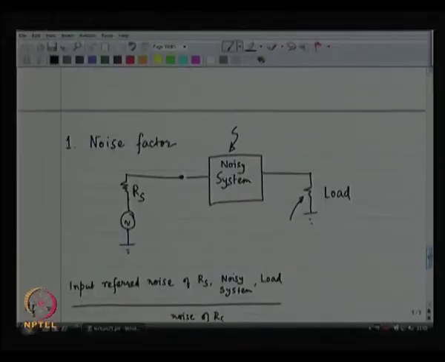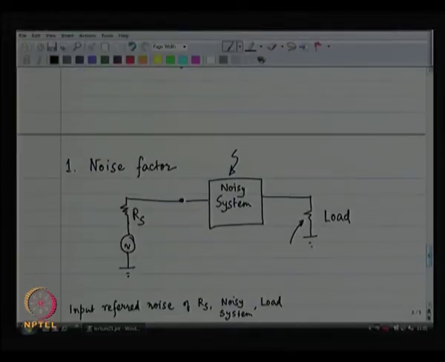All right. Now, with this definition in mind, what is this really trying to signify? I have a system, the source itself is generating some noise. So, if my source is generating noise, I can do nothing about it. Now, you are trying to design this system and you say that my system is going to generate so much noise by itself.